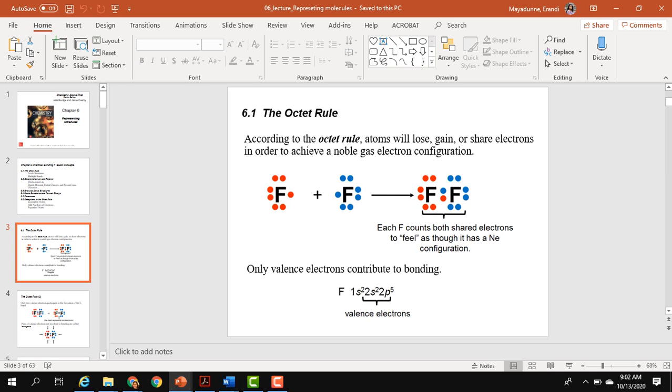Sodium loses that electron, becoming a previous noble gas configuration, and chlorine gains that electron. So atoms will always lose, share, or gain electrons to have 8 electrons. That's what I'm showing here. Fluorine F2 gains an octet.